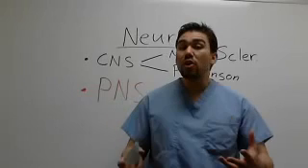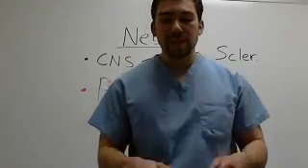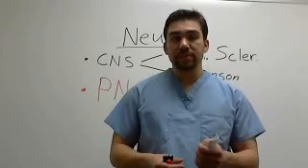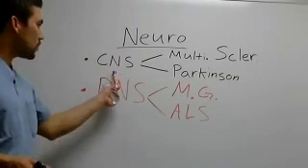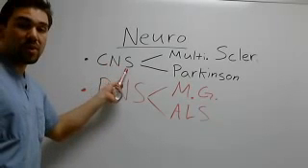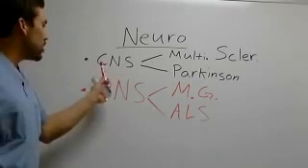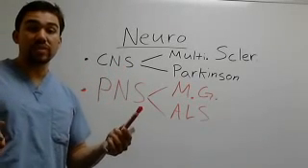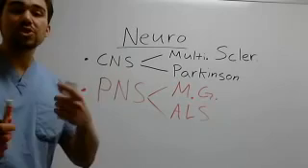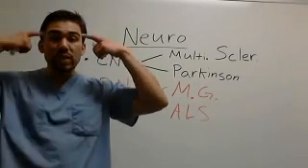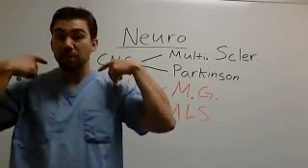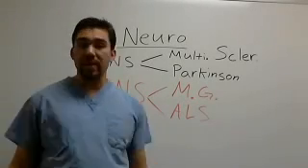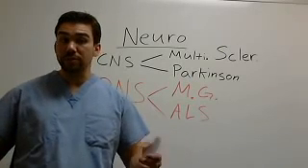So, okay, neurological disorders. We have really four big ones. In your regular body, you have your central nervous system, and you also have your peripheral nervous system. So your central nervous system, if you guys remember, is really just your brain and your spinal cord. Your peripheral nervous system is really all the other things outside of the brain and spinal cord.